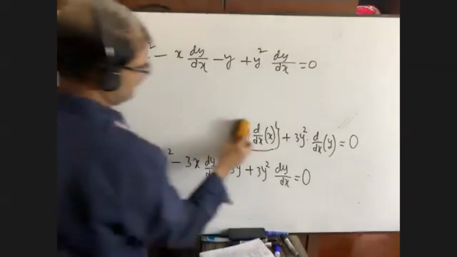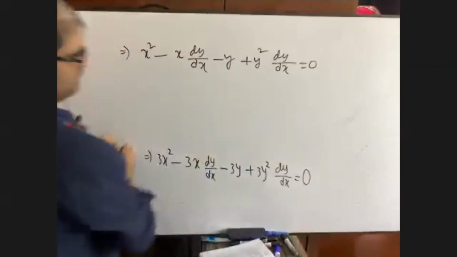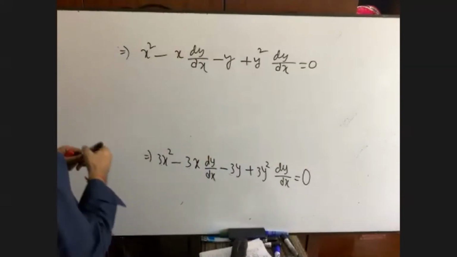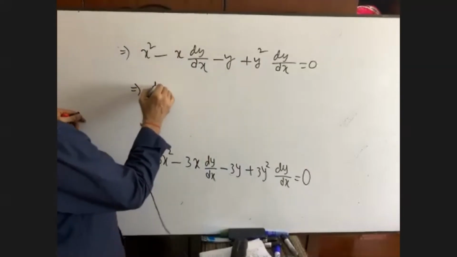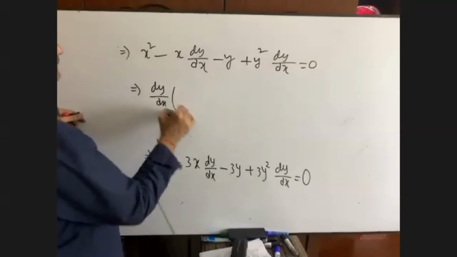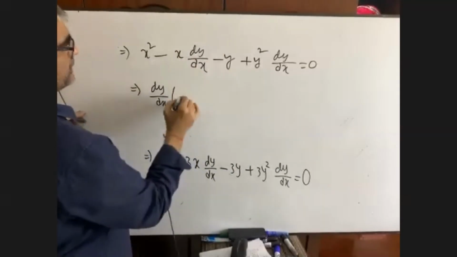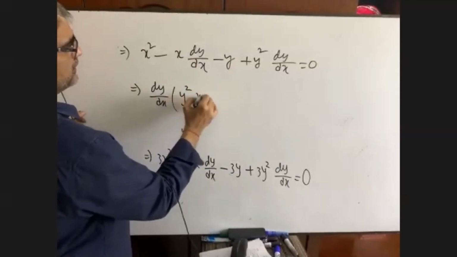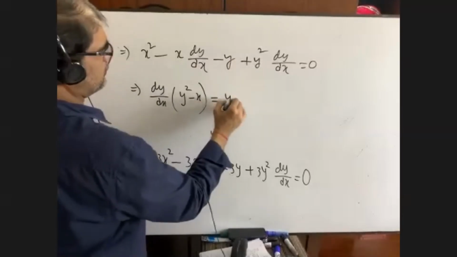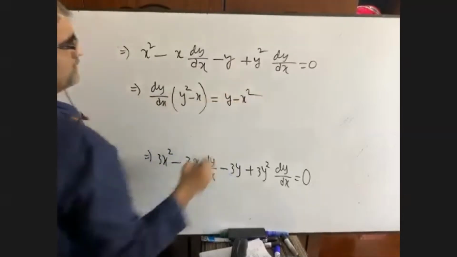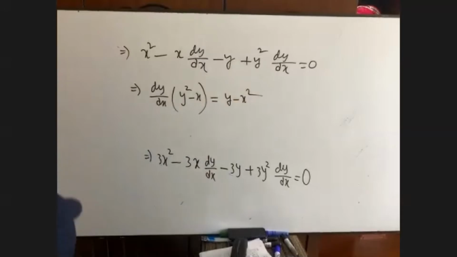Now you take dy by dx common, as we have to find dy by dx. Then dy by dx times y square minus x is equal to y minus x square.